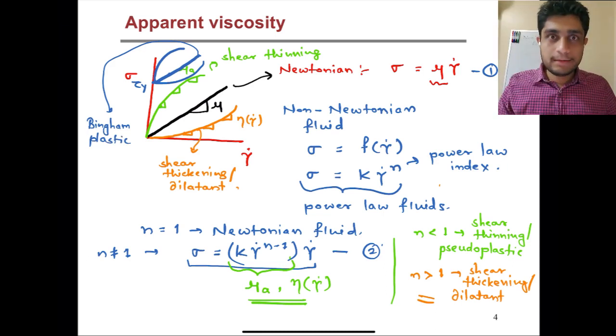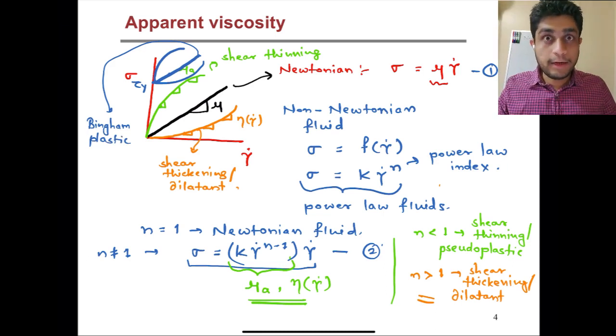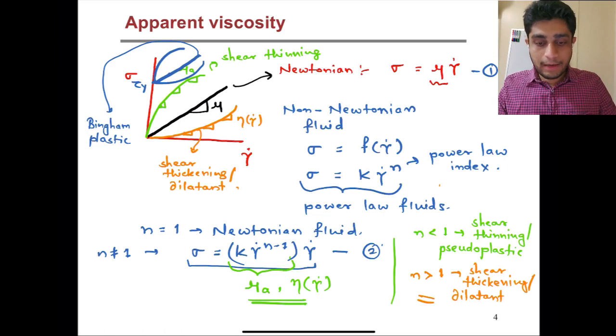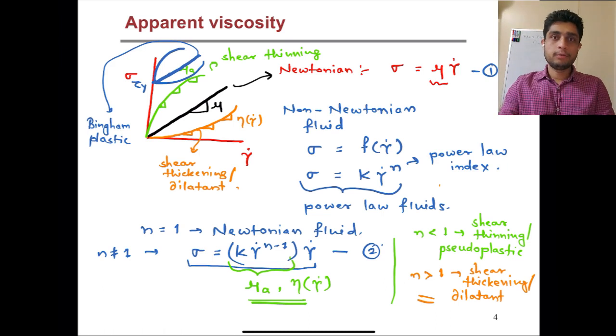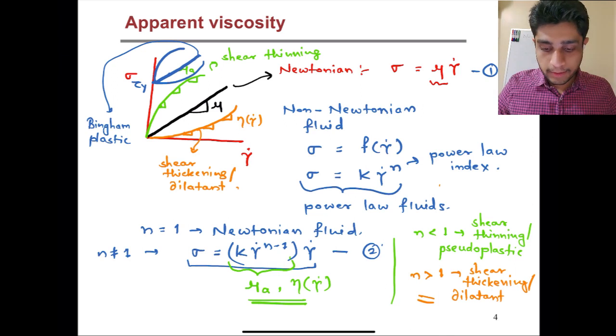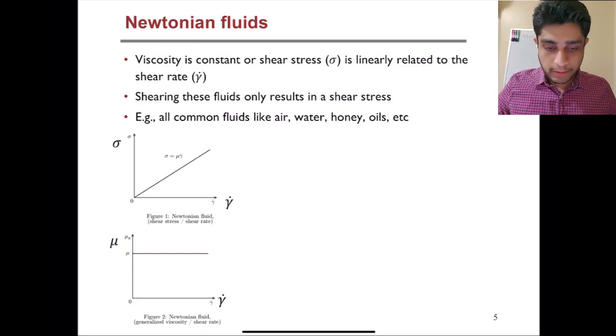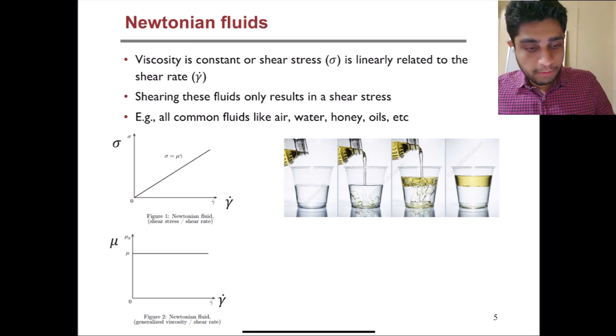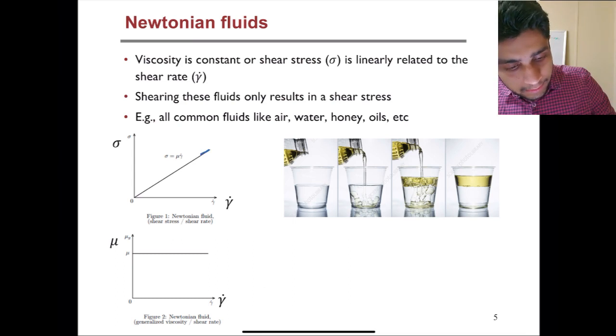So these are various rate dependent behaviors for non-Newtonian fluids, and I'll show a few examples and nice videos which will basically tell you more about these fluids. So again, to summarize, for a Newtonian fluid, shear stress is a linear function of shear rate.